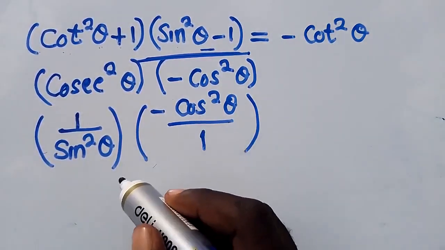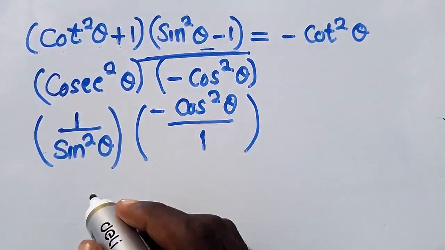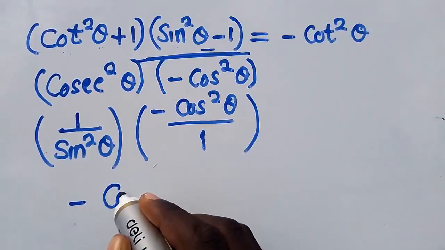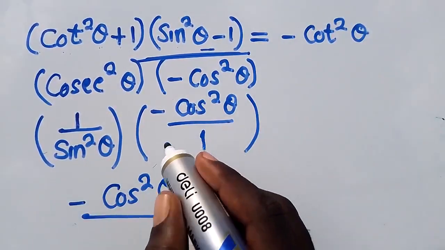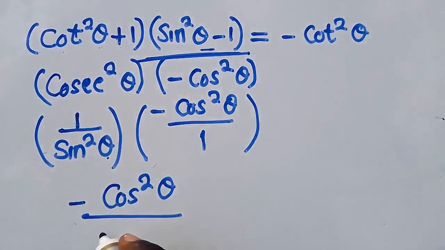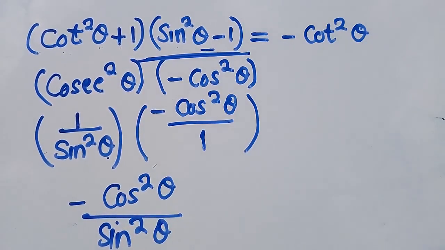Then we just multiply: 1 times negative cos squared theta over 1 times sine squared theta, so we have sine squared theta in the denominator.